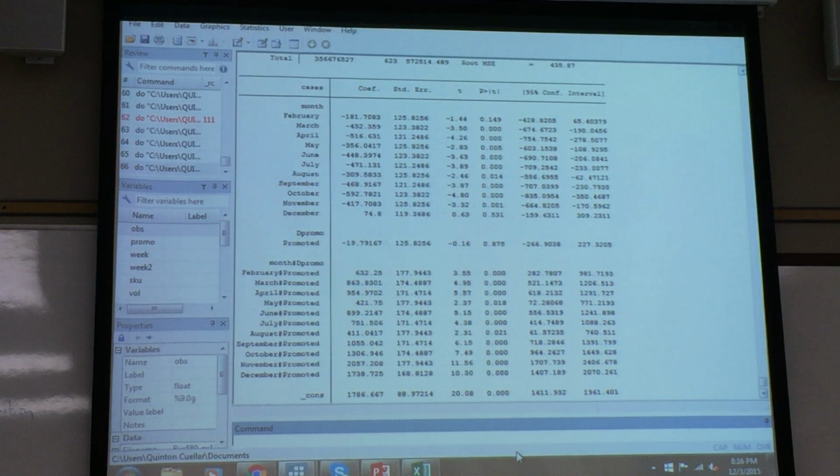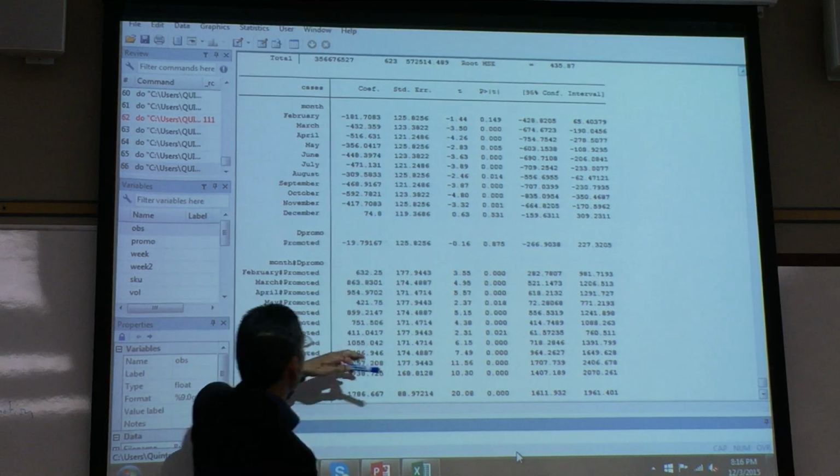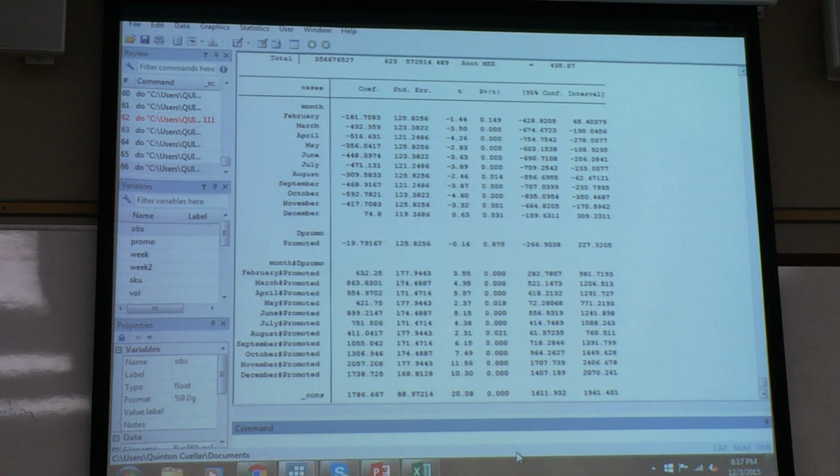So what regression always allows us to do is be more confident in saying whether or not a boost actually occurred. Remember this, a difference actually occurs. We can say December sales were more than January, but that difference isn't statistically significant. It could be due to just an off month or a good month.